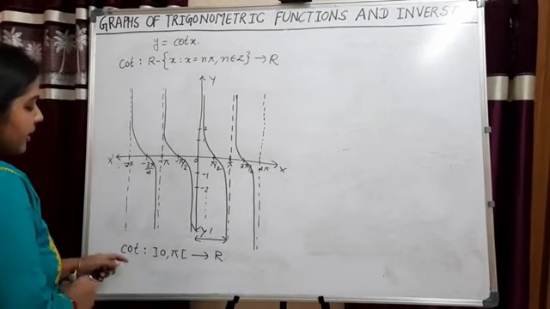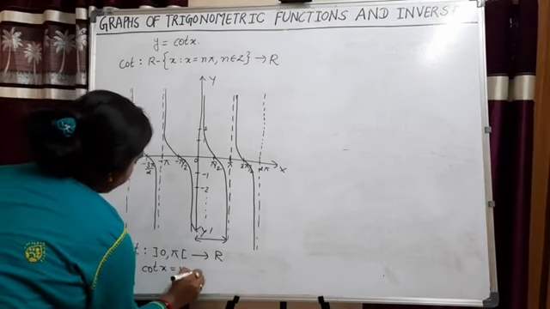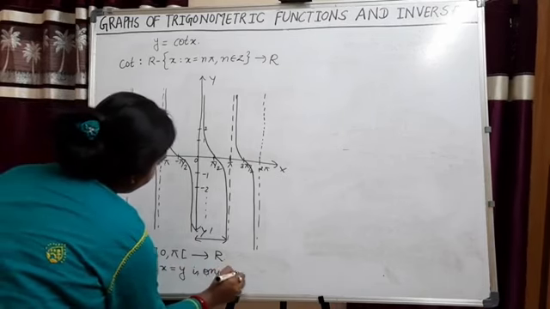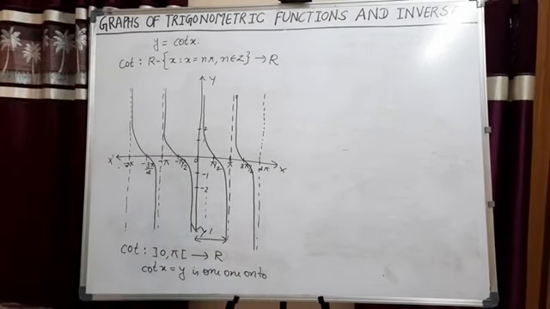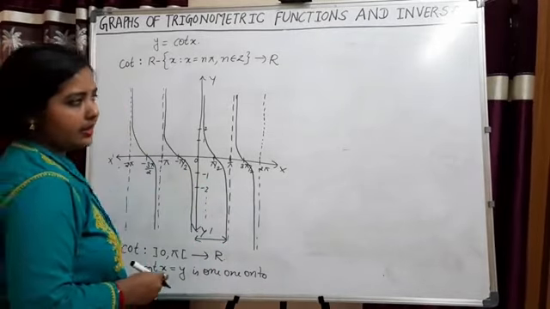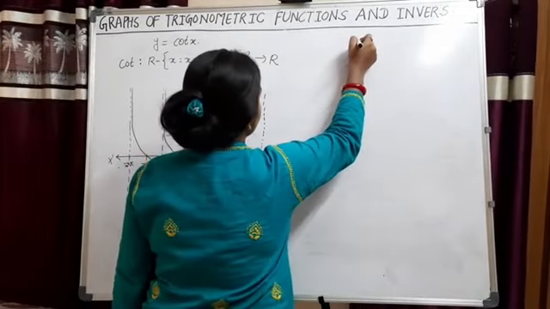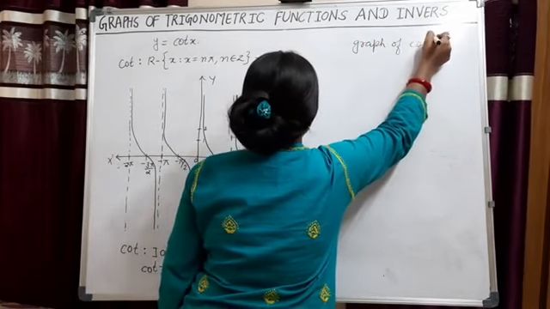Now if we take it like that, we can write cot x equals y is one-one and onto, which means we can find the inverse of cot x. So we will draw the graph for cot inverse x.